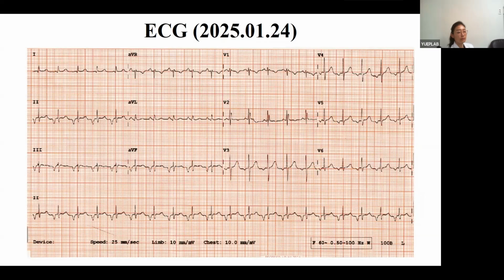So I think this P wave is not coming from the sinus node. Considering the tachycardia, I think it could be an AT, maybe coming from near the AV node side, so it goes up to the SA node side.